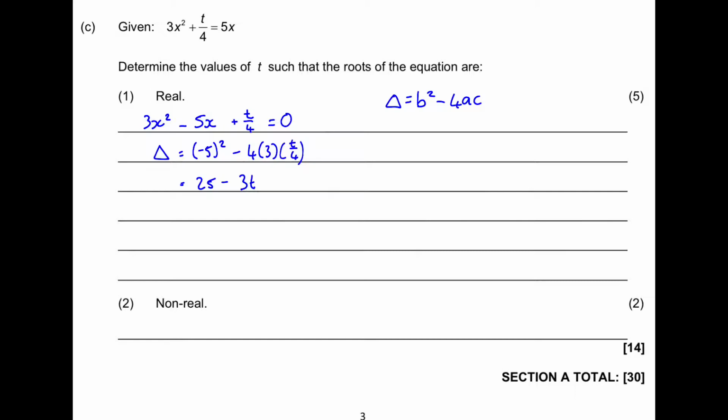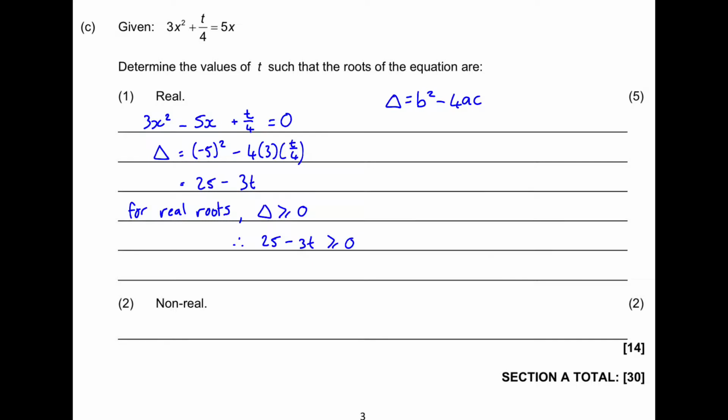Then for real roots, and you must state this, delta must be greater than or equal to 0. So that means that 25 minus 3t must be greater than or equal to 0. Now you solve for t.